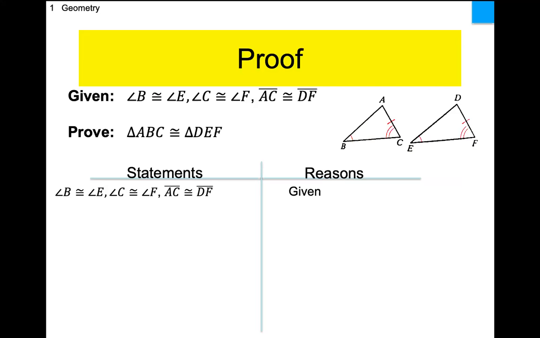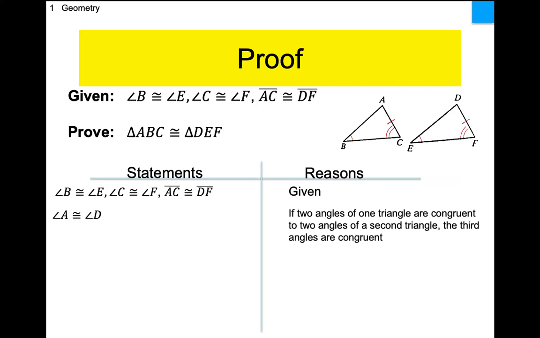The third one. If two, there's only 3 angles, right? If 2 are congruent to 2, then the third ones have to be. A lot of books call this the third angle theorem of triangles. Our book doesn't call it that, I forget, it's corollary 1 to theorem 311, something like that. But if 2 angles of one triangle are congruent to 2 angles of another, the third ones must be congruent.